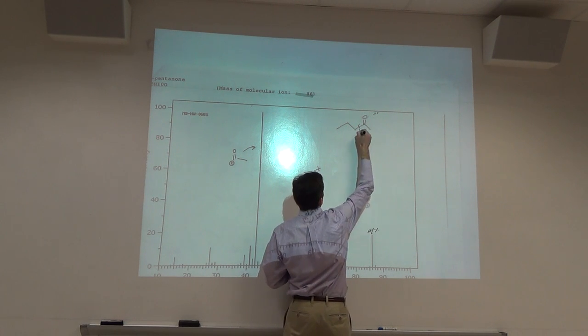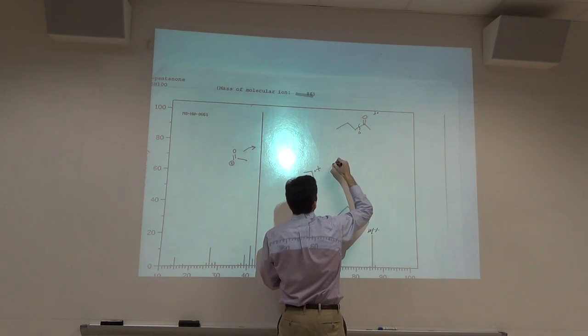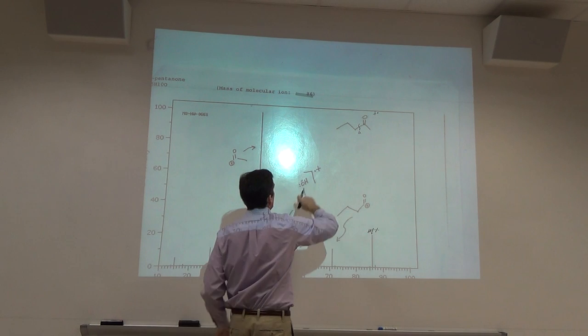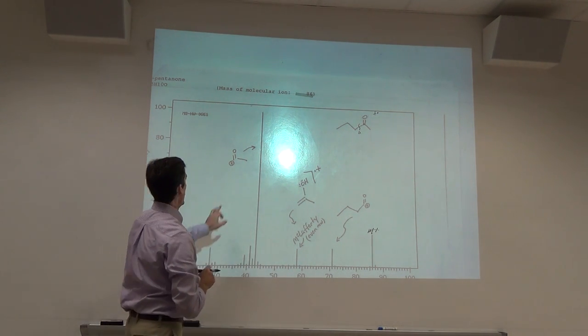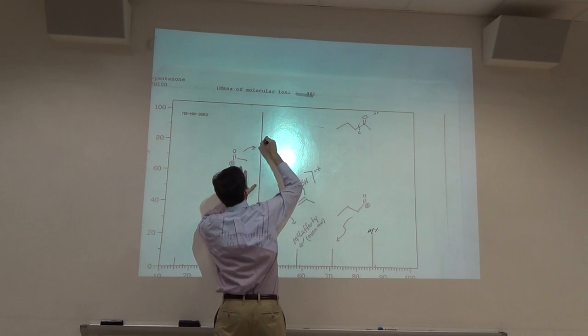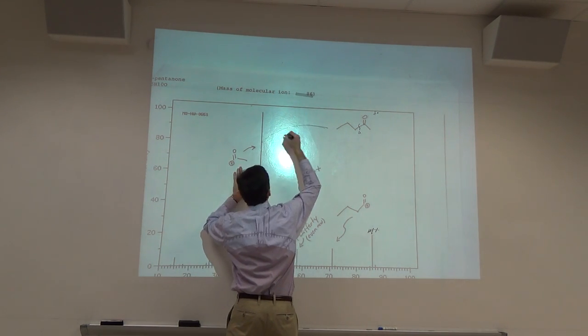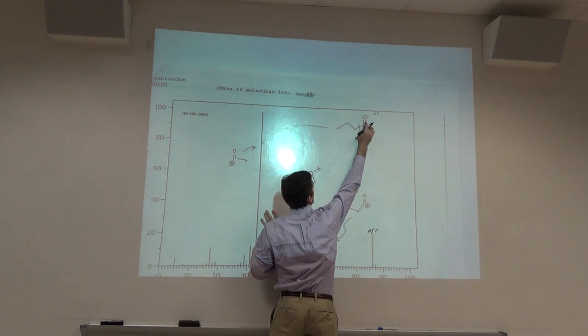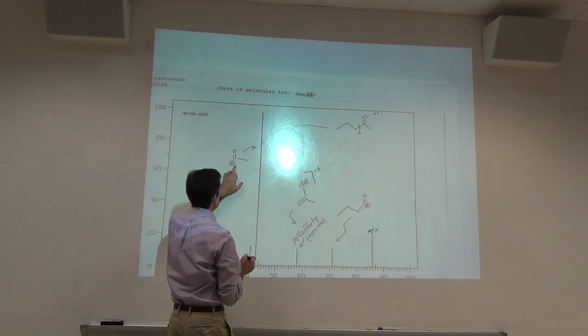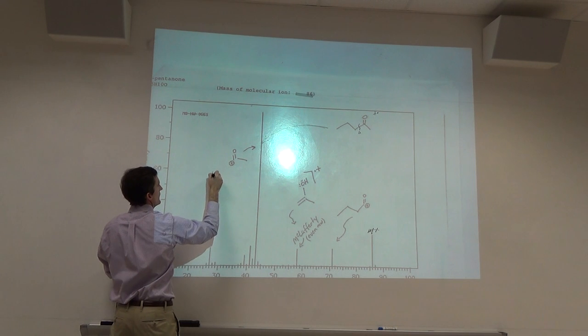We'll cleave both places. This is going to be A. If we cleave A, we're going to get, well, it's already drawn. What do we get if we cleave A? We're going to get this cation. We're going to put the cation over here on the right, which would be this, plus what?